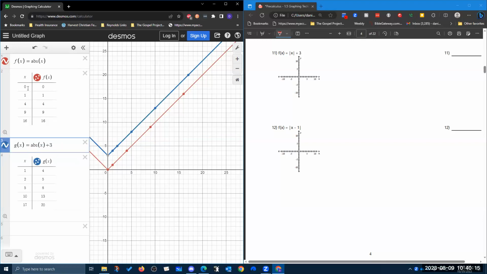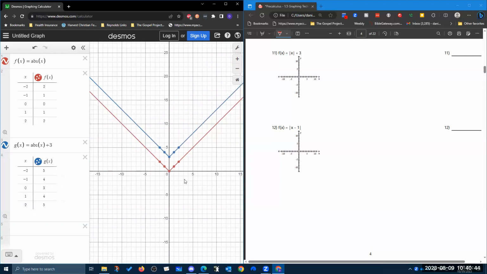And we're going to go back and put these characteristic points back to -2, -1, 0, 1, and 2 for that parent graph. And this is a vertical shift, so I'm going to leave the characteristic x values alone in this case.